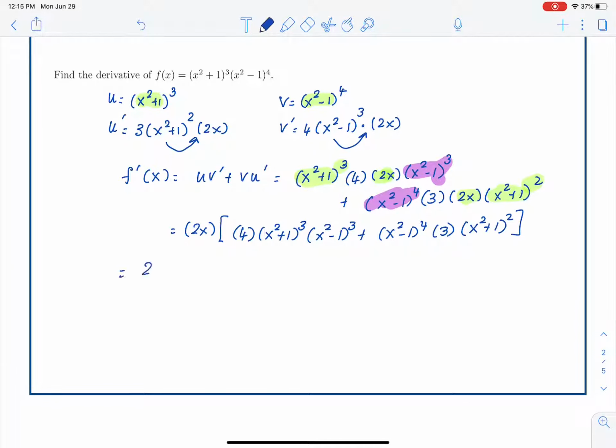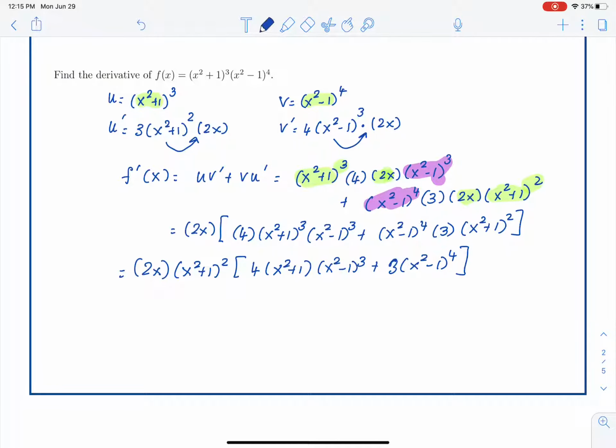If I pull x squared plus 1 squared out, I have 4 times x squared plus 1, x squared minus 1 cubed, plus 3 times x squared minus 1 raised 4.